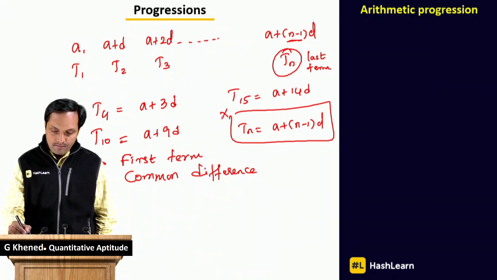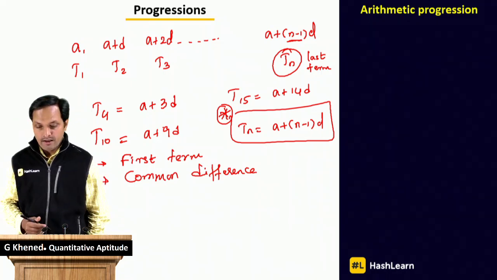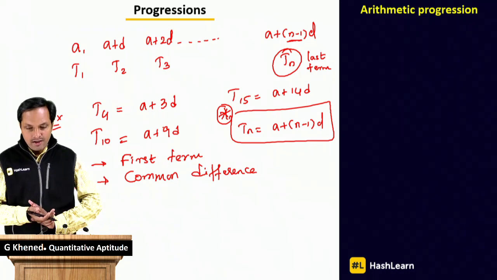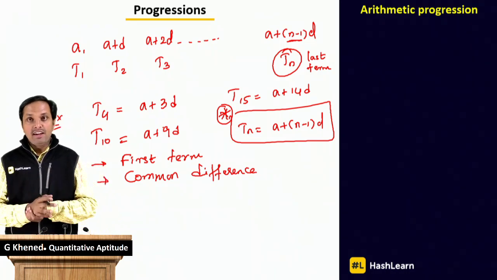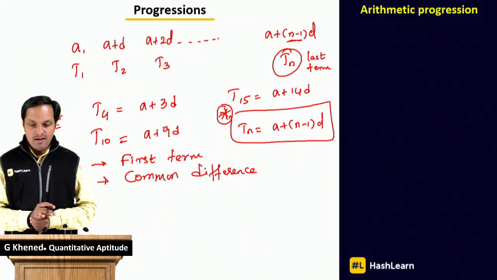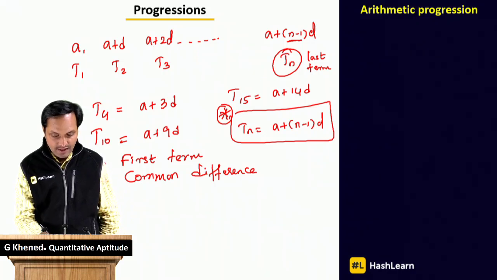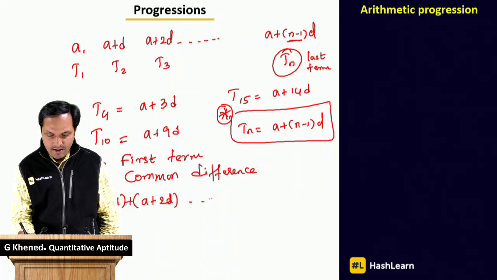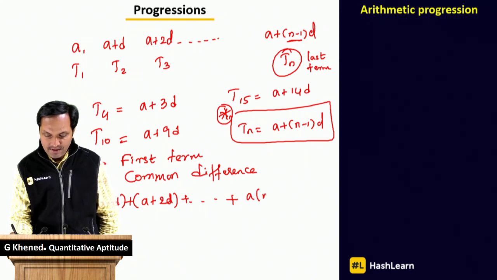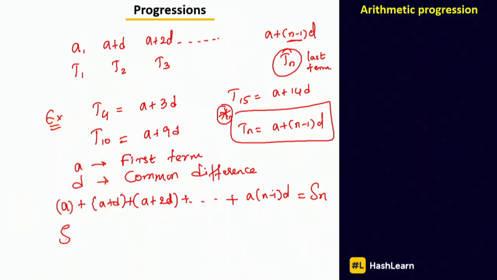So one important result is the nth term, and the next one is the sum of n terms. When you add up all the terms present in the arithmetic progression, that is a plus a plus d plus a plus 2d up to n terms, up to a plus n minus 1 into d, we represent this as Sn, sum of n terms.